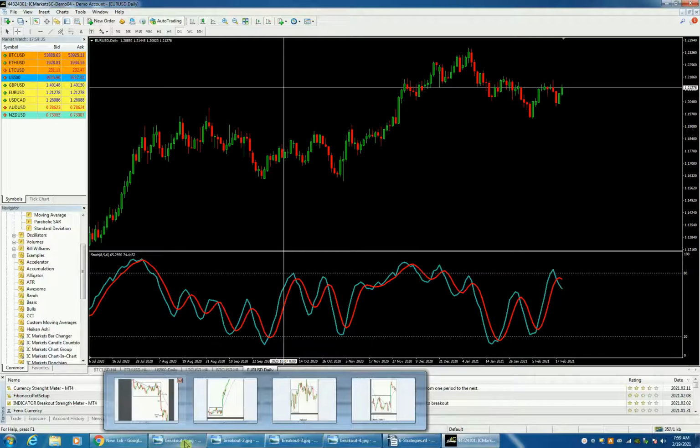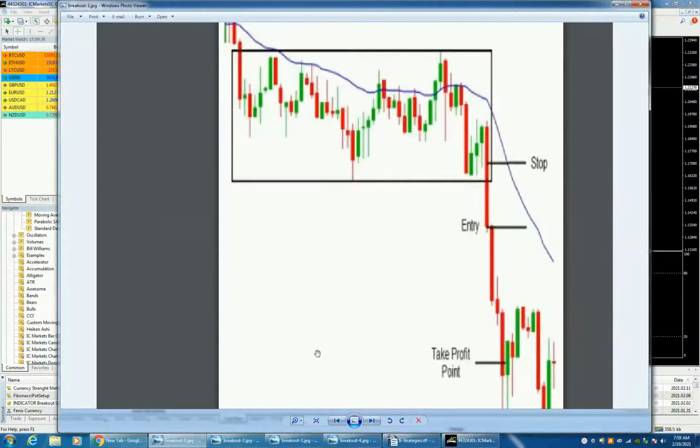All right, here is another strategy, which is the breakout, well known around the world. If you look at what we're seeing on the screen here, you can clearly see that there is a range. Price is bouncing between support and resistance, and what happened? The price broke out of this range and continued.